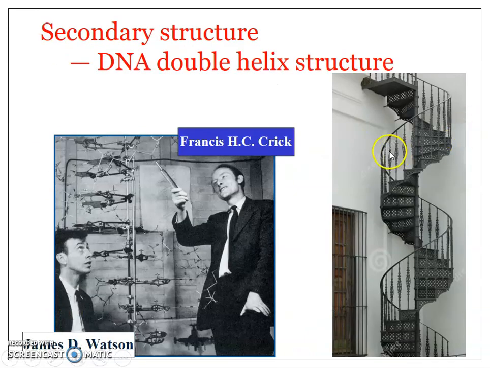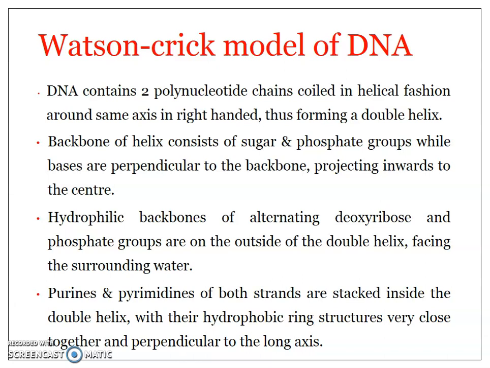So we can see there is the railing, isn't it? So this is actually made of sugar phosphate backbone. Sugar, then phosphate, then sugar again, then phosphate again. Sugar and phosphate of one nucleotide, and then next sugar and phosphate of the next one. So there is an alternating sugar phosphate that actually forms the backbone of the DNA double helix.